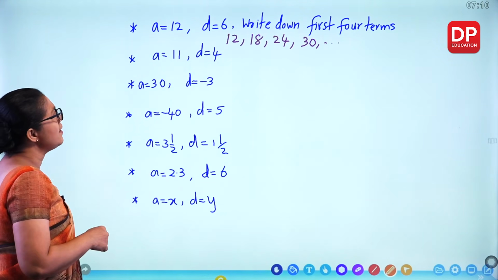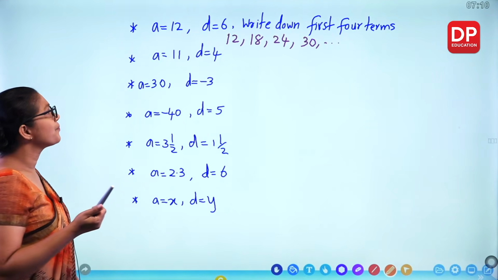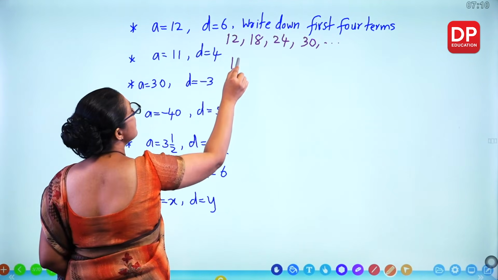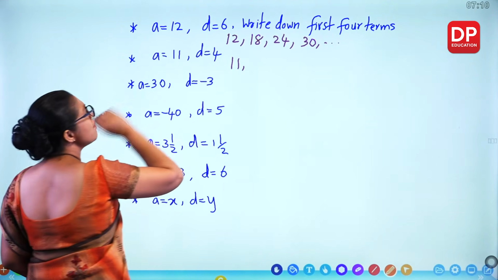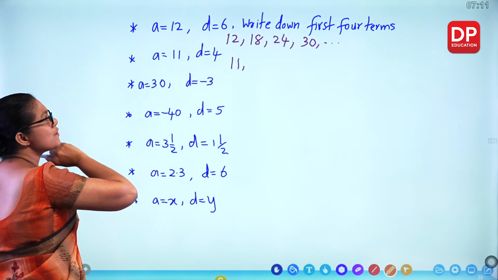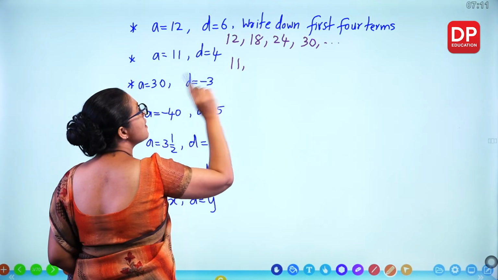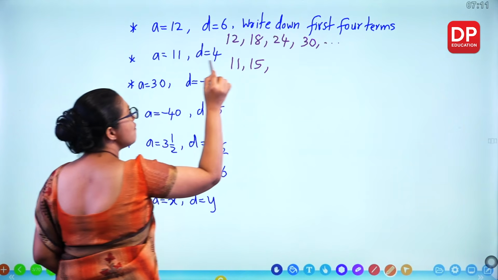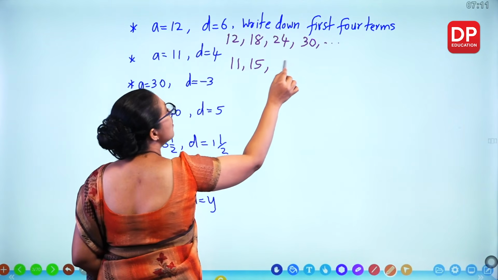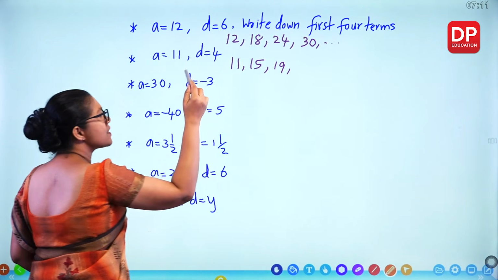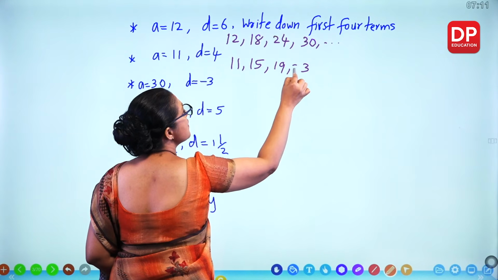Now take this one. What's the starting value? a equals 11. And adding 4, d equals 4 means adding 4. 11 plus 4, 15. 15 plus 4, 19. 19 plus 4, 23.